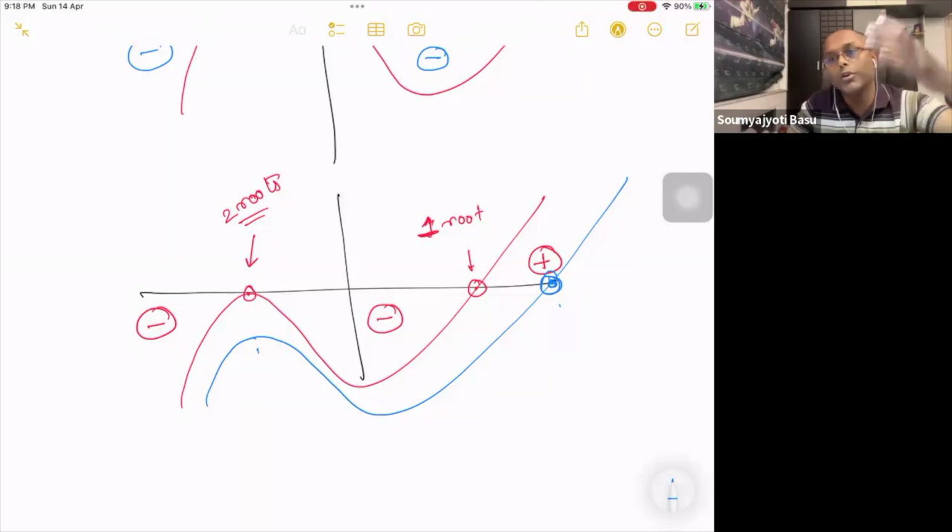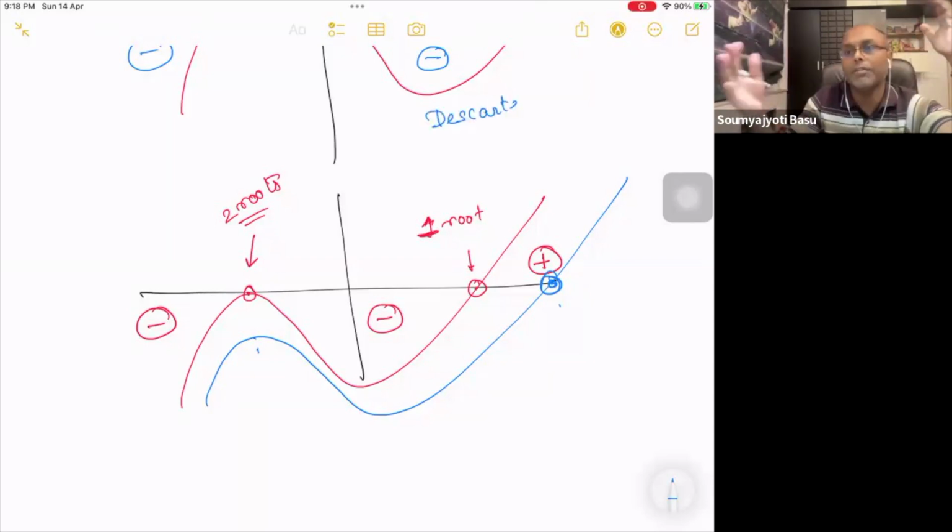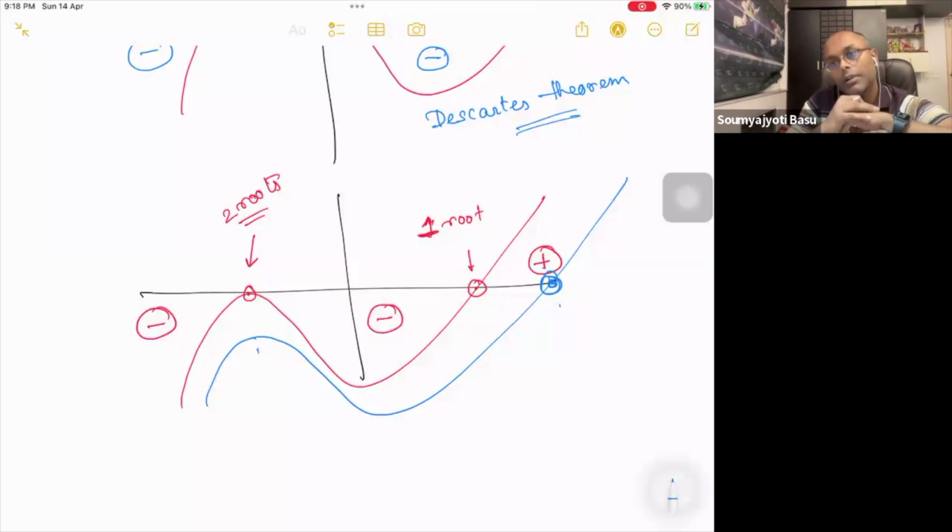For higher order polynomials, you keep on getting such things. There is an important theorem called Descartes' theorem. It's not required, but if someone of you is interested, you can learn about it. It discusses roots of polynomial functions: the number of positive real roots, the number of negative real roots, and how to identify that for a higher order polynomial equation.